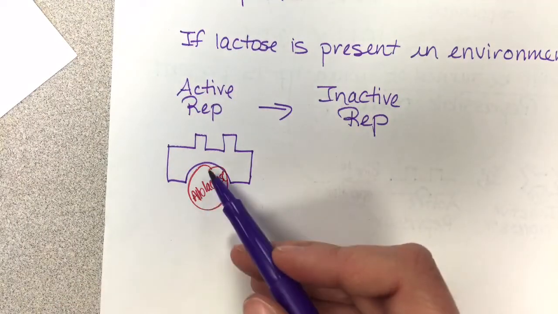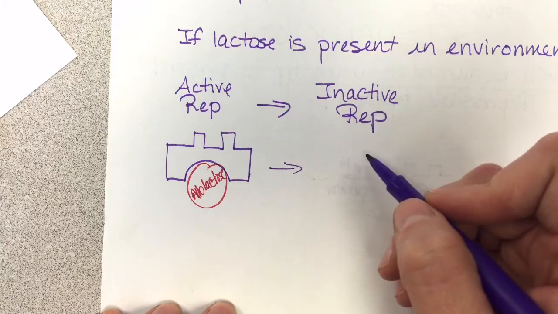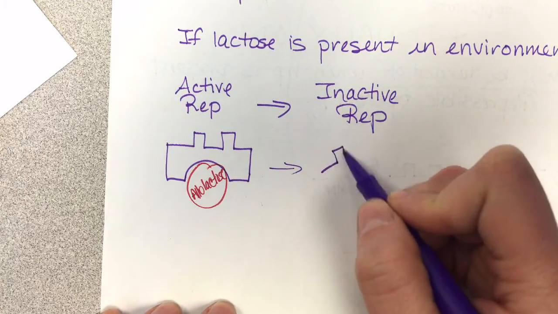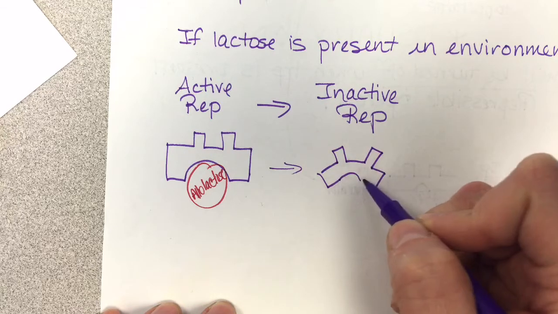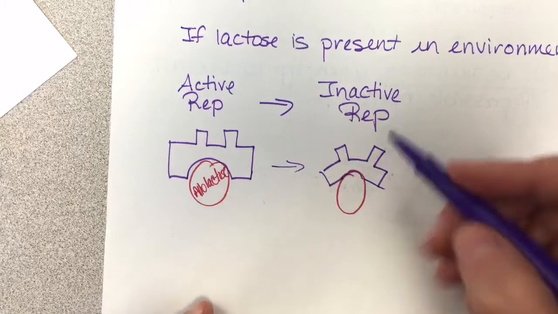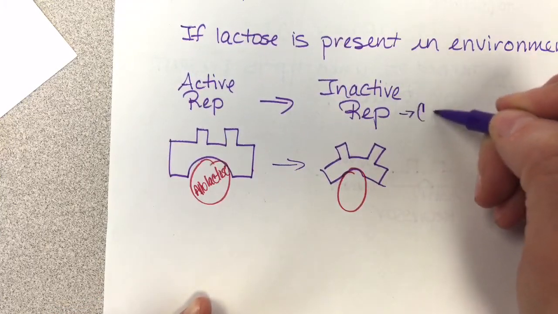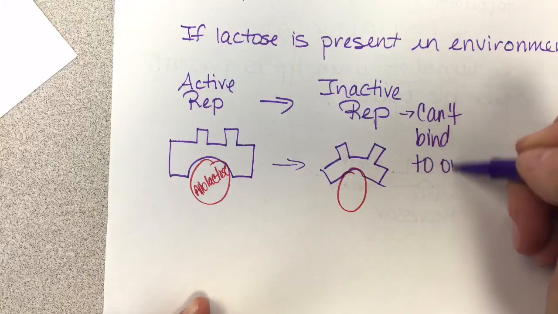And so it binds to it, and when it binds to it, you get the shape change. And so now the repressor, with the allolactose, is in the inactive shape, and this can't bind to the operator.